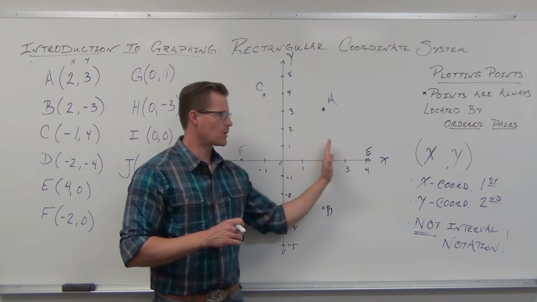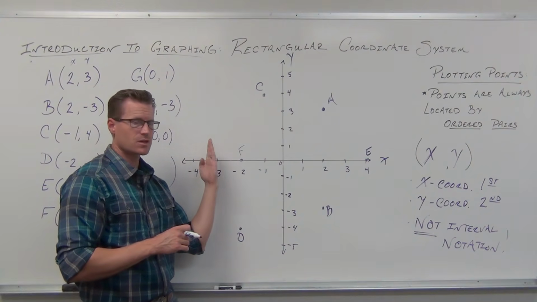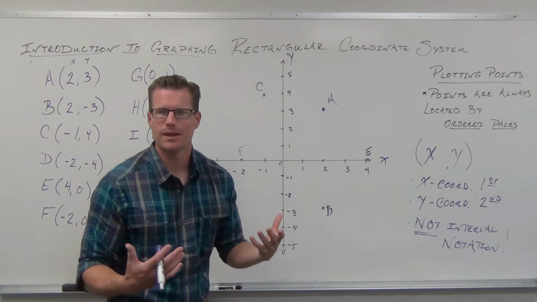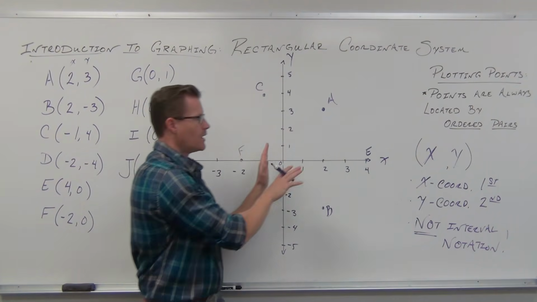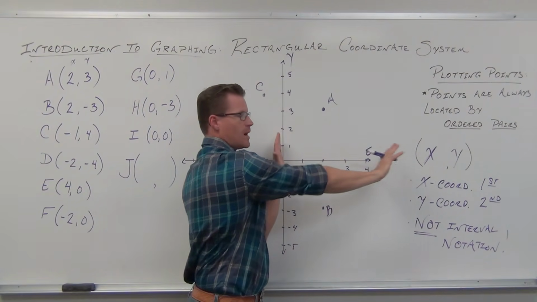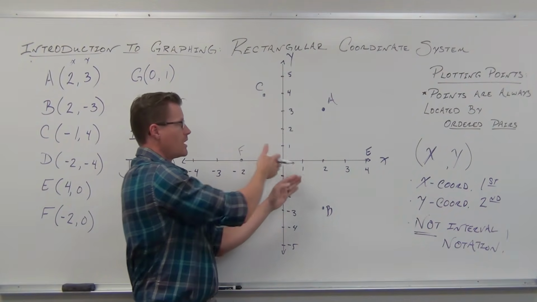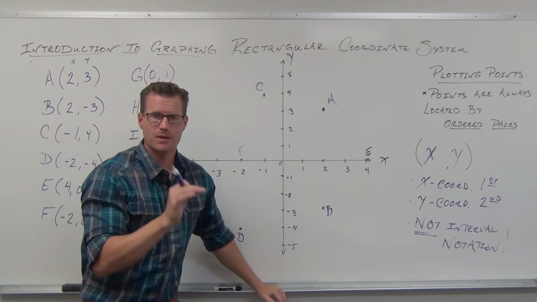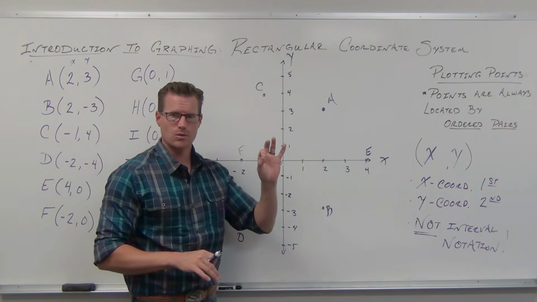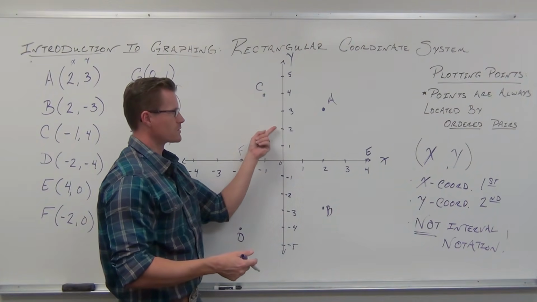If all of these are positive x values, and all the points over here have negative x values, the line that separates those two half planes has points with 0, the number that's between positive and negative. All of these have x coordinates that are 0. So 0, 1, 0, 2, 0, 3.